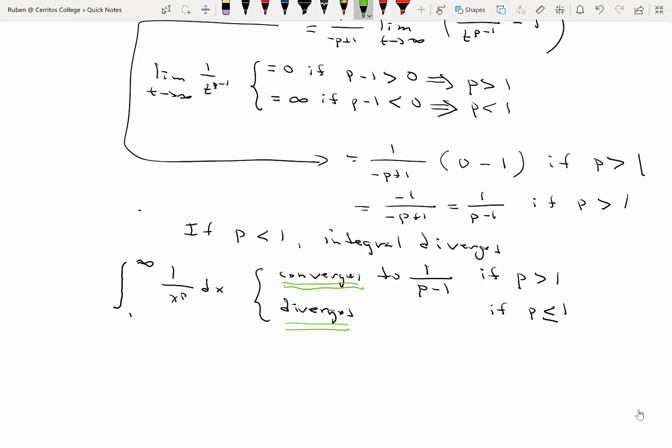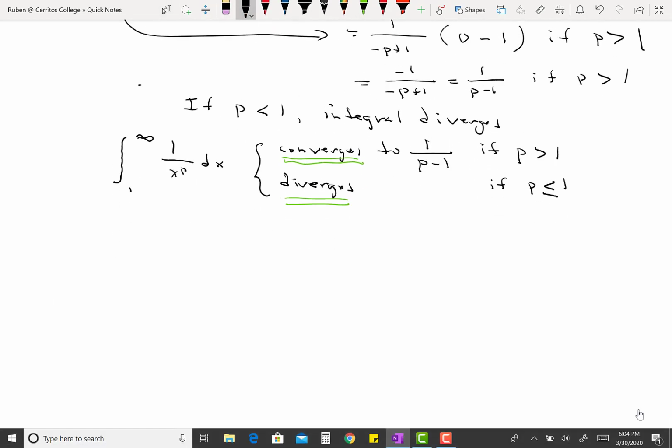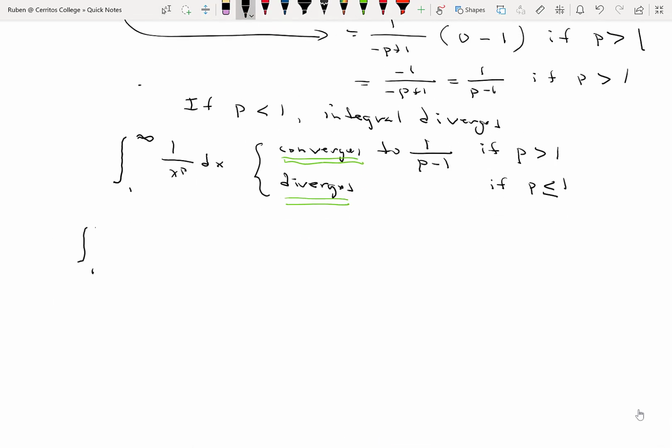So what does this allow us to do, at least in this section, without going into our future? It tells us that immediately, if I want to consider the integral of 1 over the square root of x, I don't have to go through the process of converting this integral to a limit. This is a p integral.